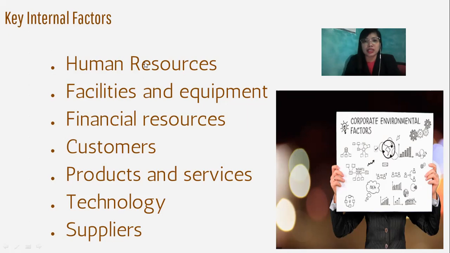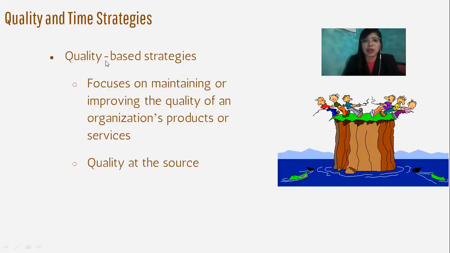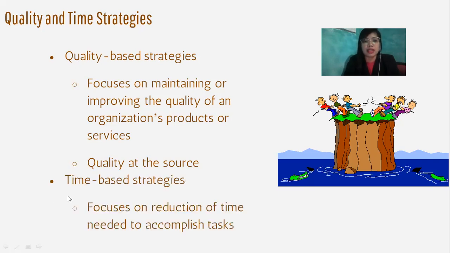Quality and time strategy. When we say quality-based strategies, these focus on maintaining or improving the quality of an organization's products or services. So this is quality of the products or services. Quality at the source. When we say time-based strategies, this focuses on reduction of the time needed to accomplish tasks.